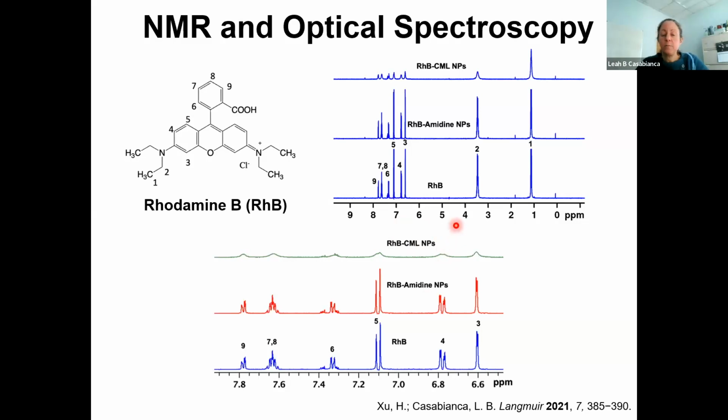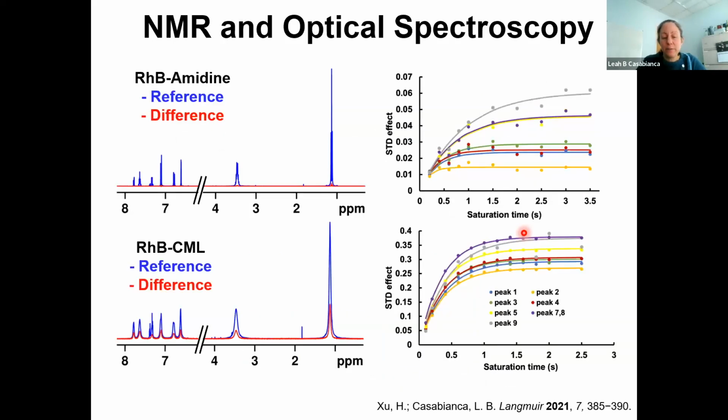We saw that the spectrum of rhodamine is not significantly perturbed in the presence of the amidine nanoparticles, indicating that this molecule doesn't interact significantly with these nanoparticles with the amidine surface groups. Whereas when we added the carboxylate nanoparticles, we saw a significant line broadening, indicating that the rhodamine does interact with carboxylate modified nanoparticles.